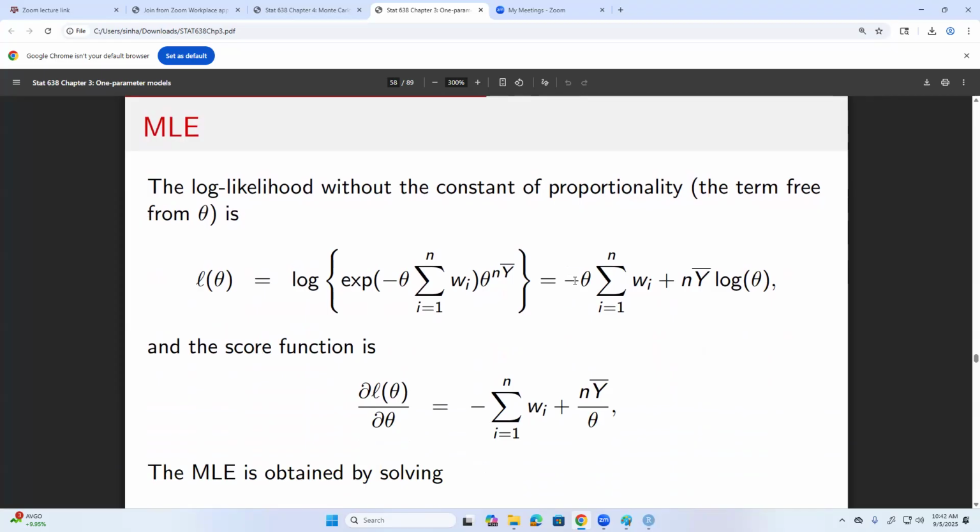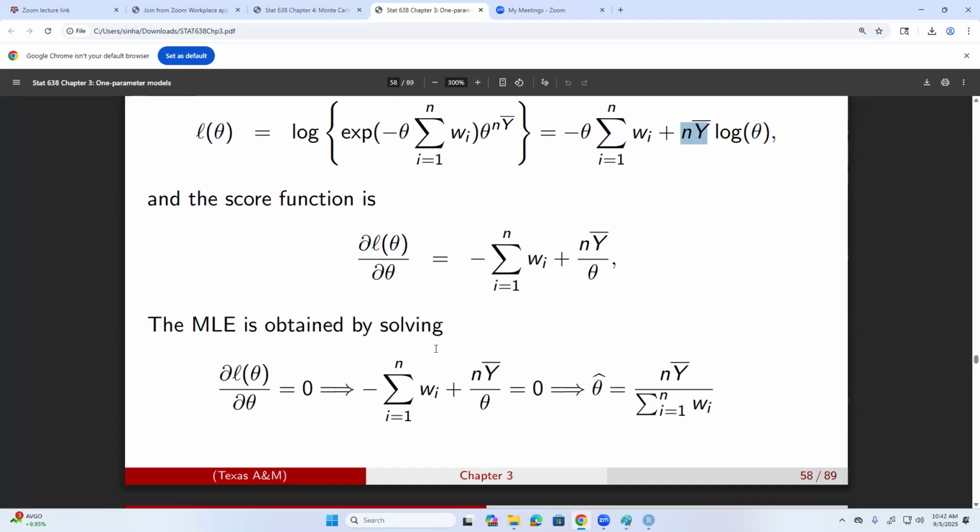When you take the derivative, the first term is simply minus the sum of w_i, and the second term is n y bar over theta. The MLE is obtained by setting the score function equal to 0 and solving for the unknown quantity. So theta hat is equal to n y bar over the sum of w_i.